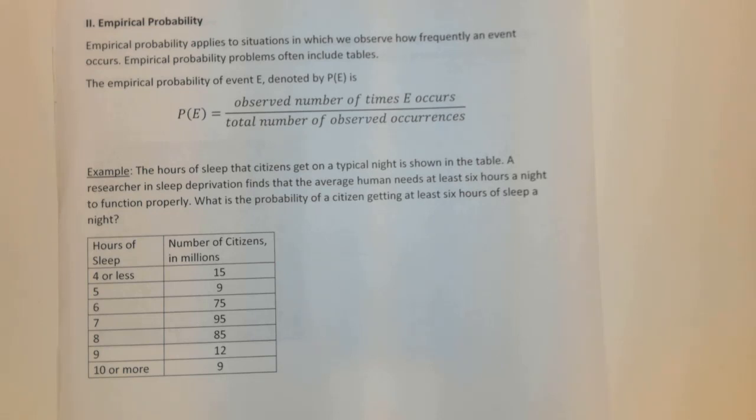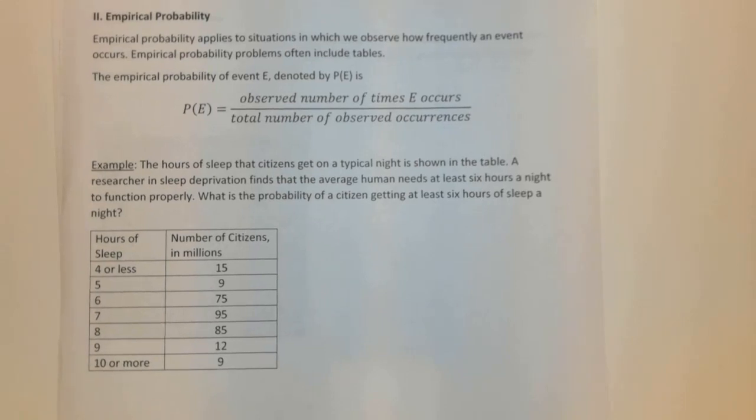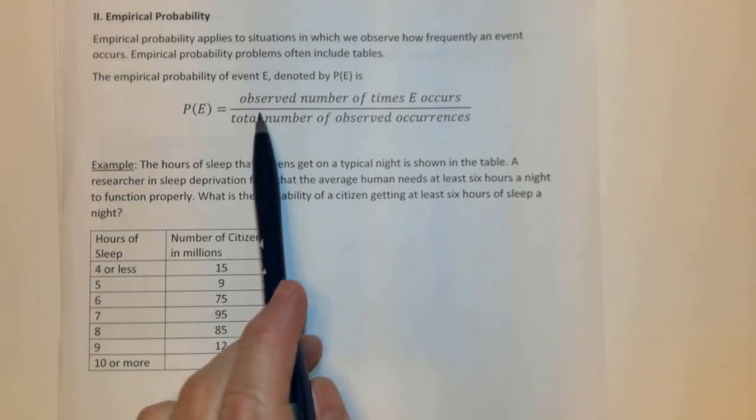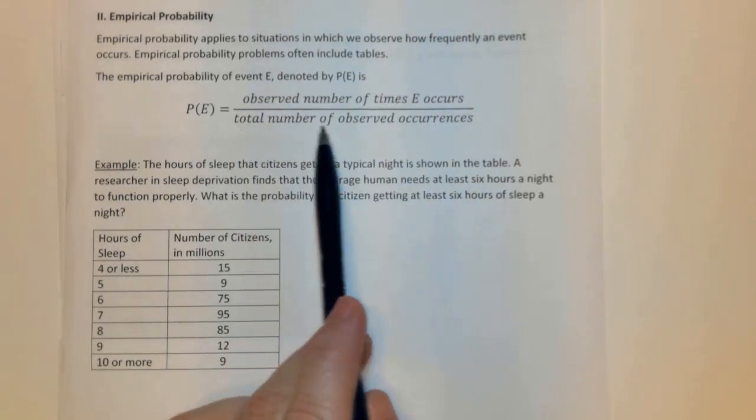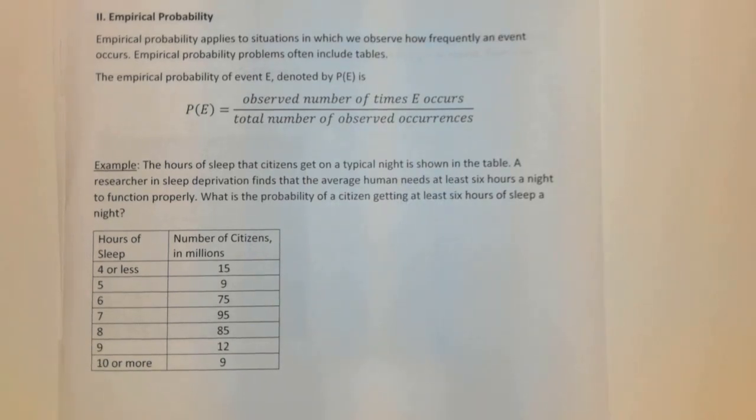So this is about surveying or taking data, whereas theoretical probability was considering you have all these things together, how likely it is you're going to pull one of them. So this is going to actually be based on collected data. Same idea. It's the observed number of times E occurs divided by the total number of occurrences.